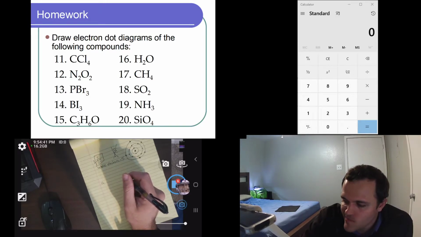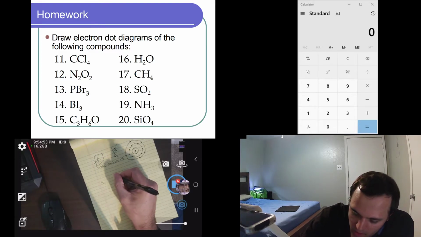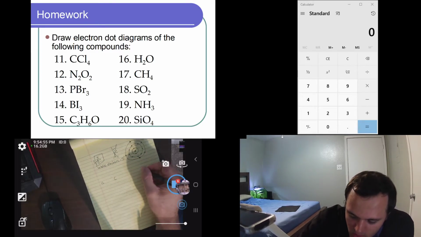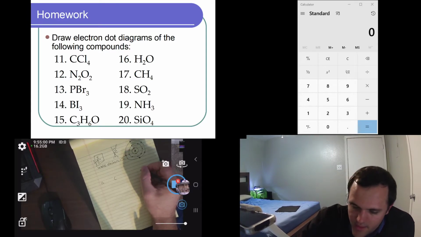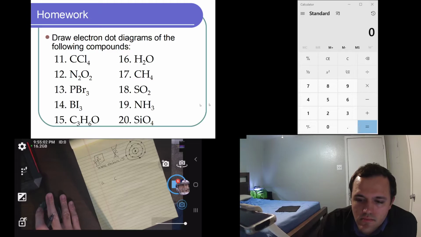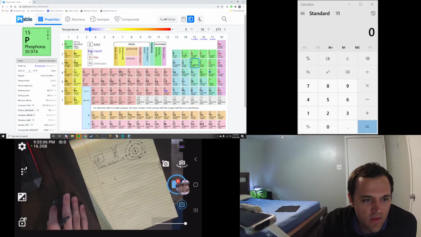The trick in these is that you want to count up the total number of valence electrons you have from all of your atoms. So if we drew the Bohr model out for carbon, carbon's right here.